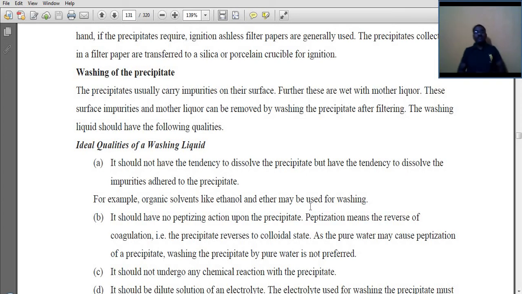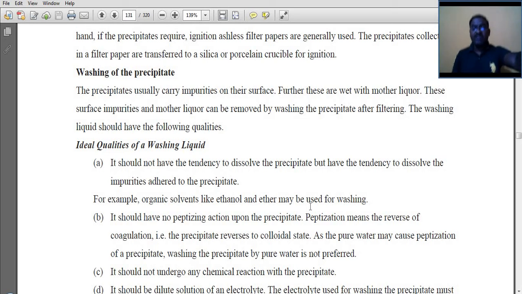The precipitate usually carries impurities on its surface. That is filtered, meaning the mother liquor is separated. The ideal washing liquid should not have the tendency to dissolve the precipitate, but should have the tendency to dissolve the impurities adhered to the precipitate.